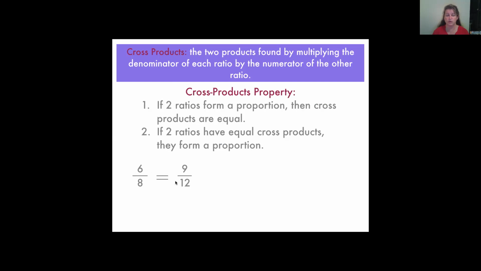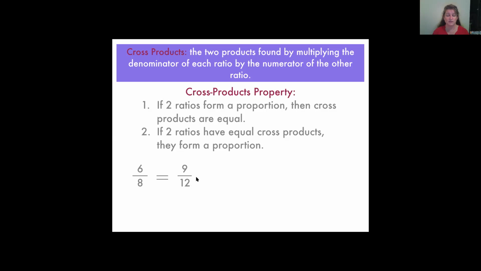So I'm just going to make a cross, the little kitty corner. Okay, they cross over and you multiply. So when you cross multiply, if both answers are equal, then you have formed a proportion.